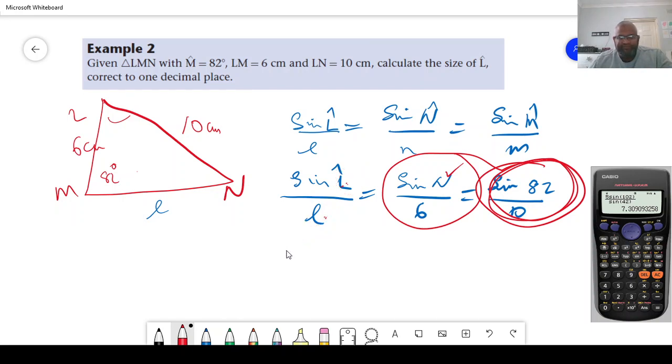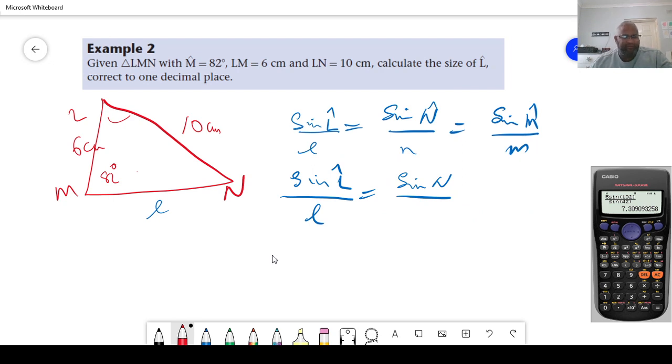Okay, let's go again. So it will be sine N over 6 equals sine M, which is 82, over 10. I'm going to calculate N first.